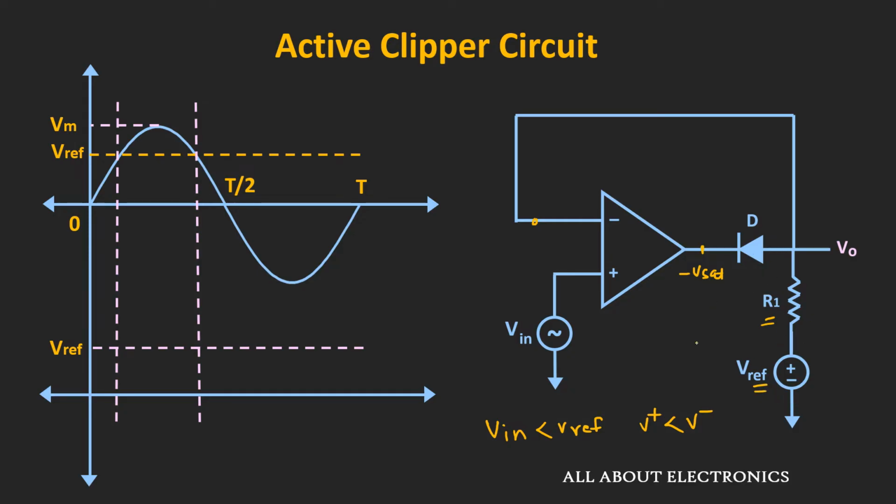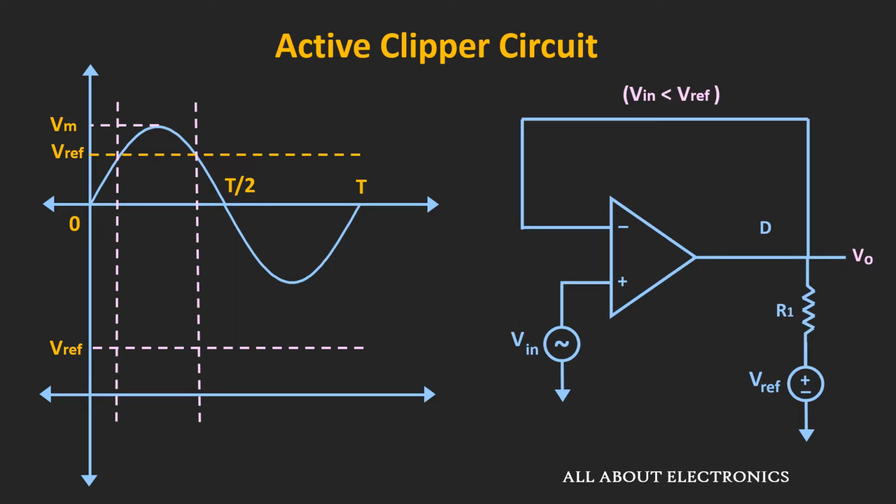So whenever the input voltage is less than the reference voltage, the diode starts conducting, and due to that the op-amp will operate in the closed loop configuration. So we can replace this diode by a short circuit, and in this case the output voltage will follow the input signal. That means whenever the input is less than the reference voltage, the output voltage will follow the input voltage.